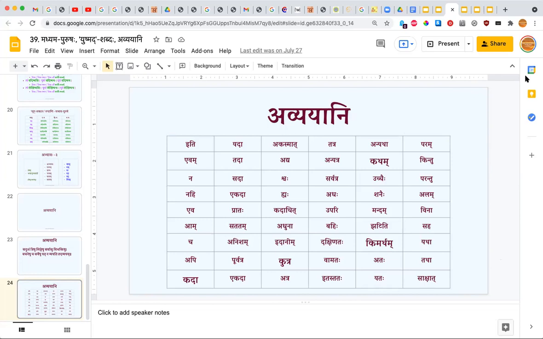Rameshah, Sureshah, Sita cha Sundaraha. You are talking about three different people. So your kriya will also be Sundaraha Santi.